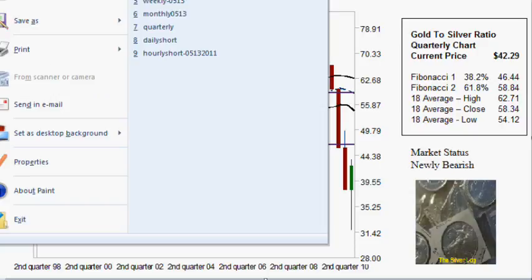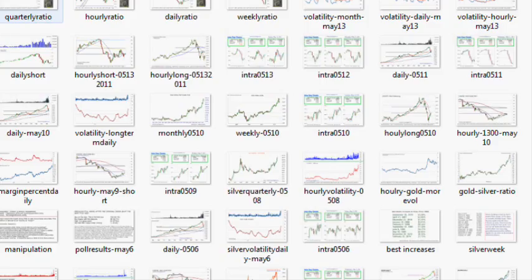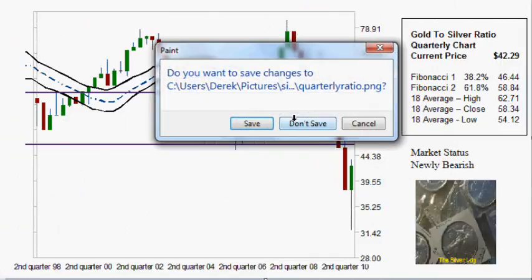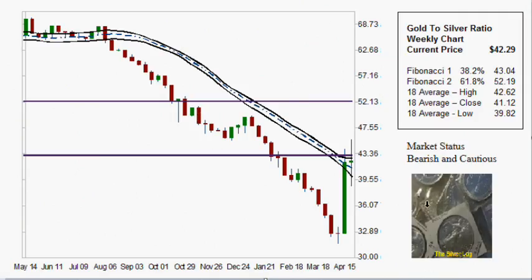After the quarterly chart would be the monthly, or weekly actually is what I got next. And on the weekly chart, it is bearish and cautious. Why is it bearish? It's because it's got a declining 18 period set of averages, and it is still below this significant Fibonacci level.